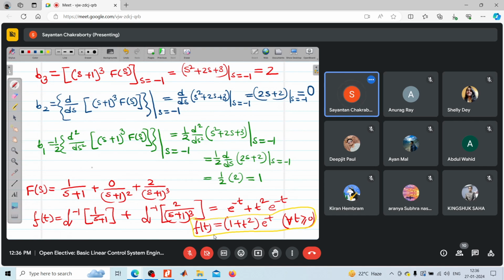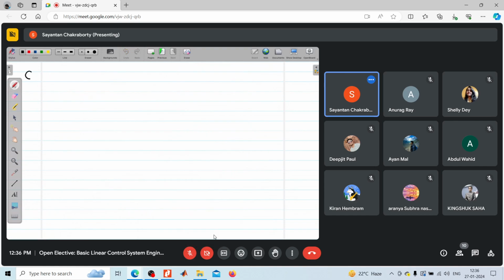So now last, that if we have a complex conjugate pair of poles, then how do you calculate that? Okay.